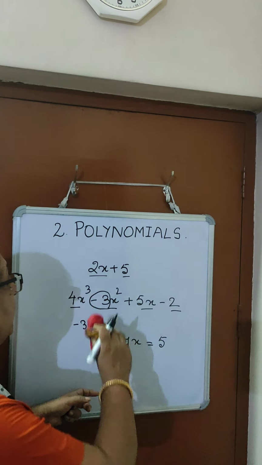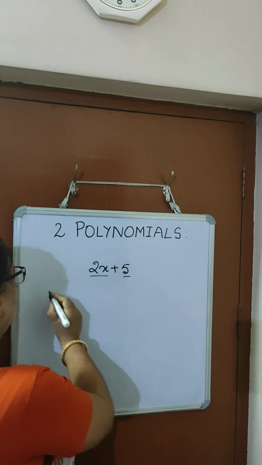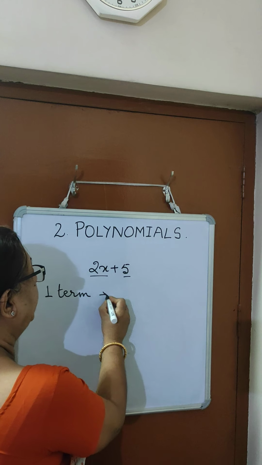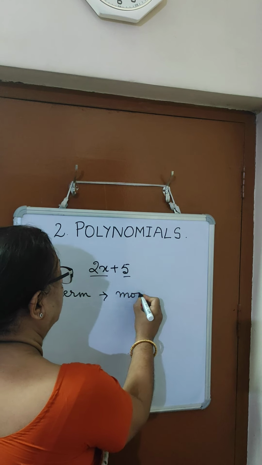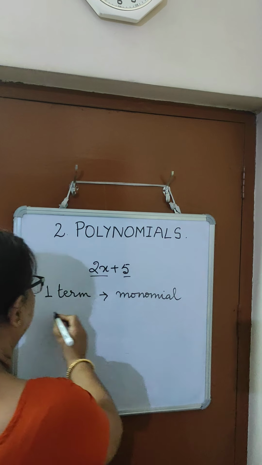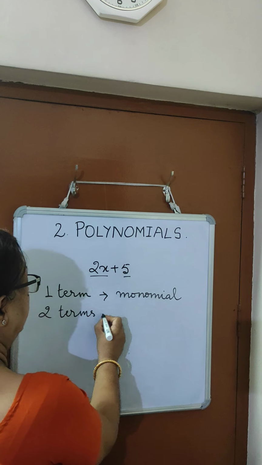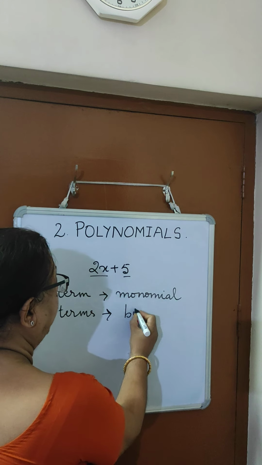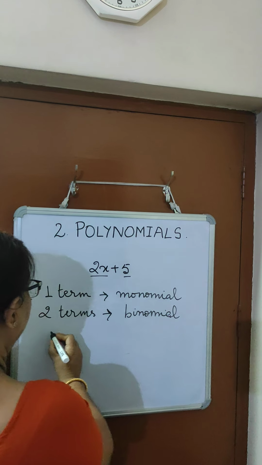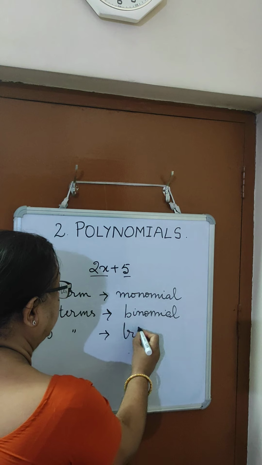Okay. Now for a polynomial with one term, we call it monomial. Polynomial with two terms is called binomial. With three terms, we call it trinomial.